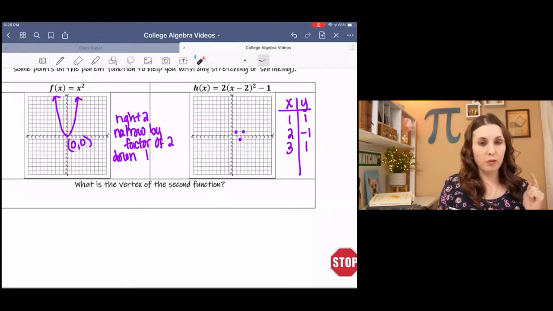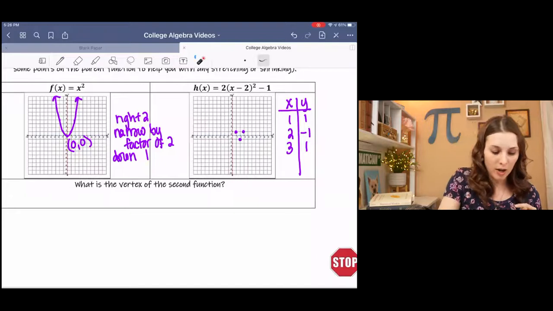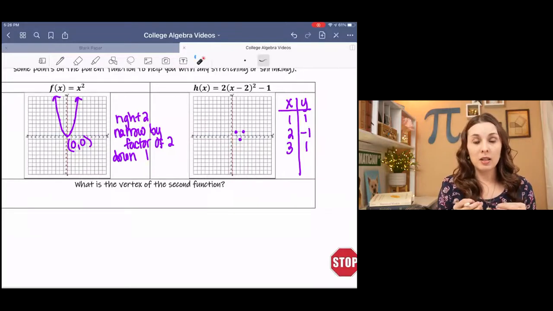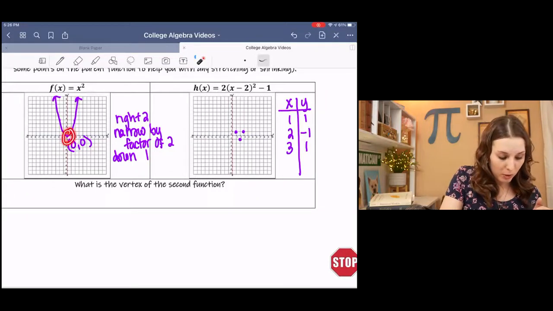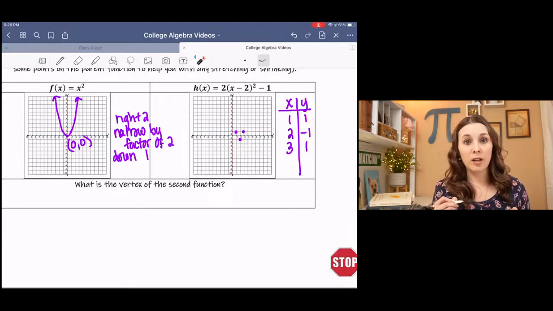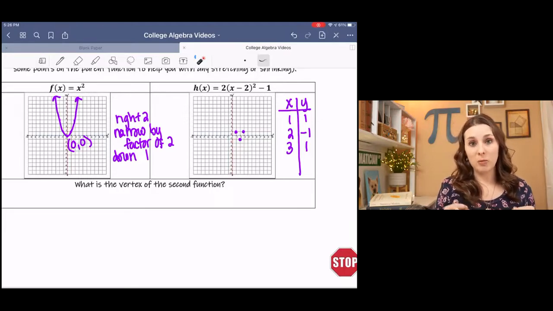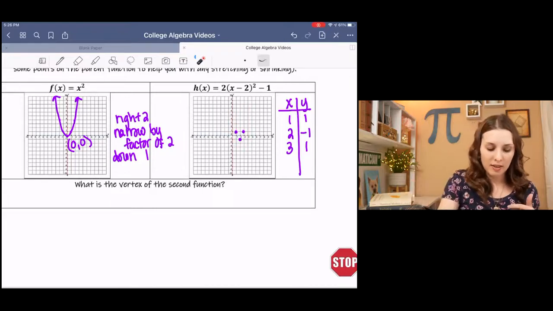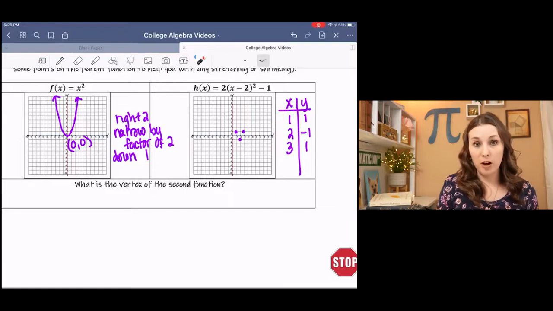I knew it was going to have to go right 2 and down 1. And this basically became my point of reference. And since I knew that this was my original vertex, and now my new vertex is moved right 2, down 1, then I made my table based on my new vertex, because I knew from this vertex, it's going to have to make a U from that. And then that's how I formed my table of values. So you can do it that way.